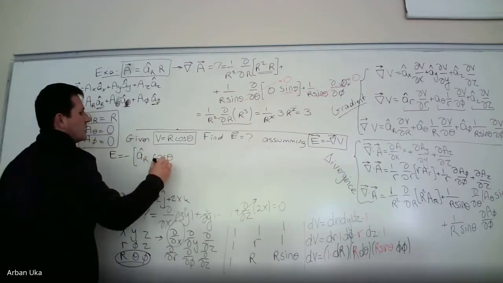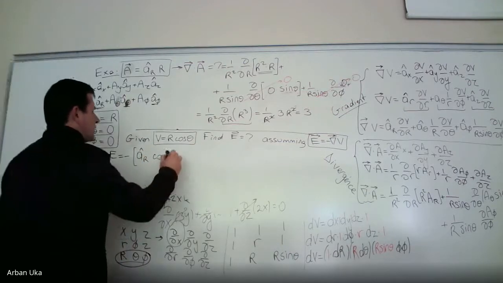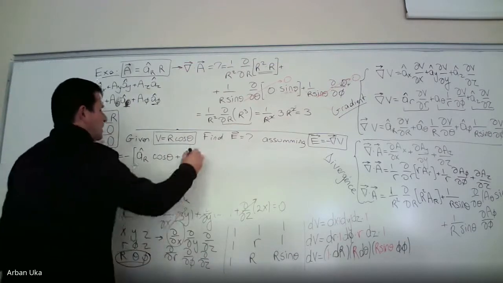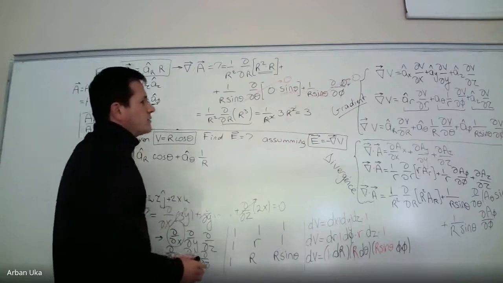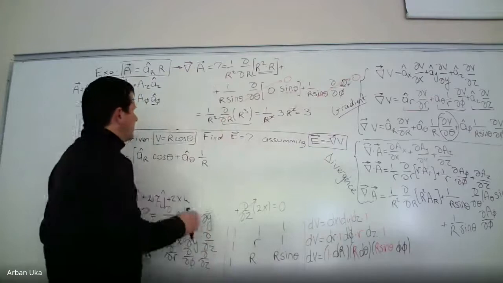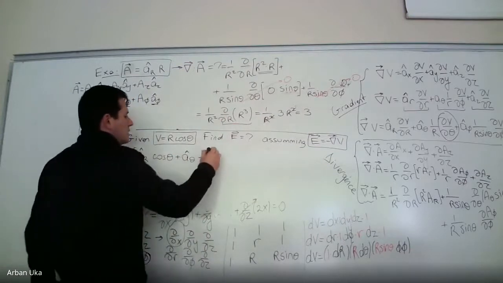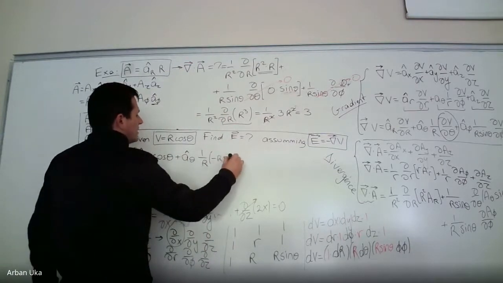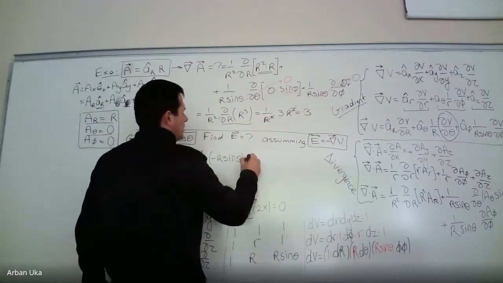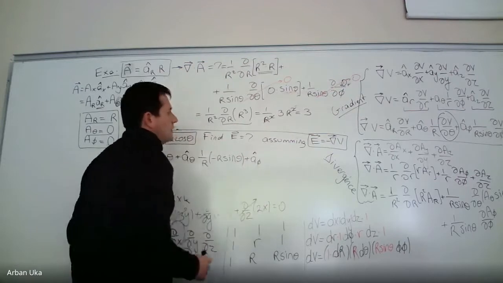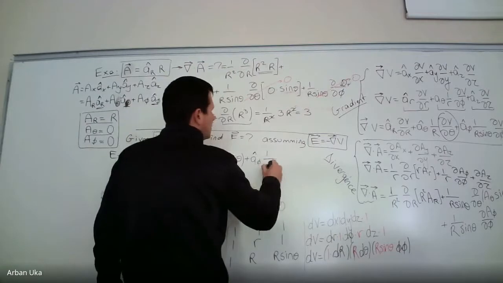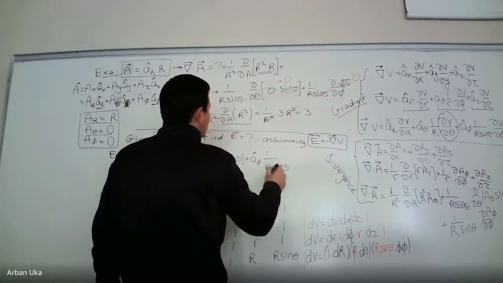This is cosine theta, plus a theta times 1 over R times the derivative of V with respect to theta. Now, the derivative of V with respect to theta is equal to minus R sine theta, plus a phi times dV over d phi, 1 over r sine theta.